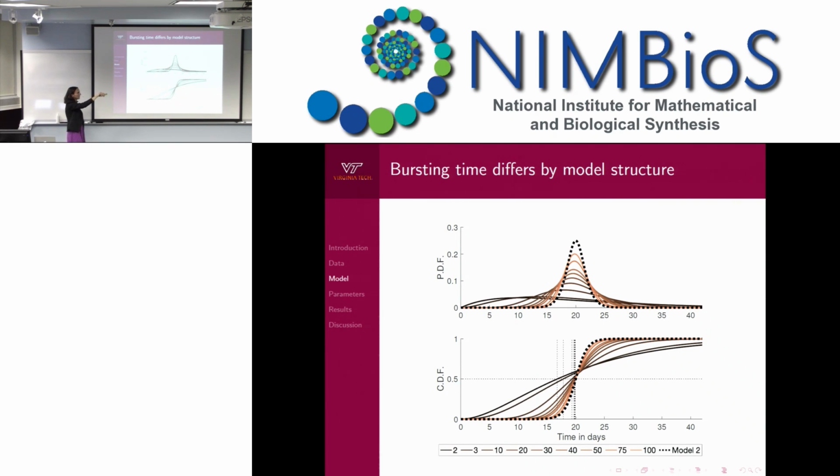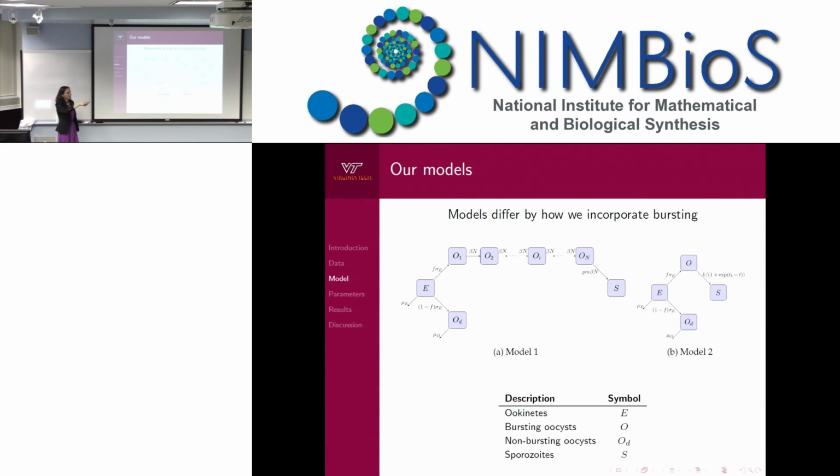The solid lines are what's happening for different numbers of n that we see here. Because of this formulation with these linear transitions, we can keep beta the same, but as we multiply it by n, when there are n more compartments, each individual step is faster, but the overall time length, the average time length, is the same.